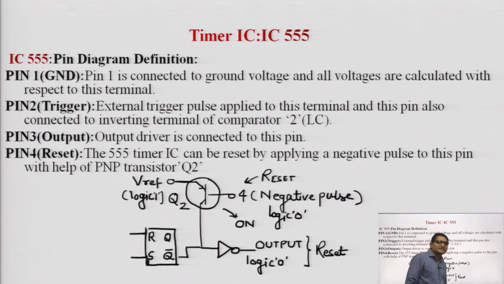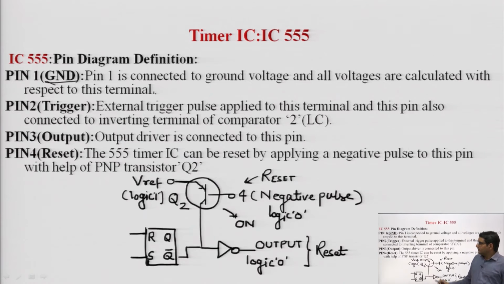Now next we discuss the pins 1 to 8, the pin by pin definition and functioning of all pins. First, pin number 1 is ground, and all voltages are calculated with respect to this terminal.